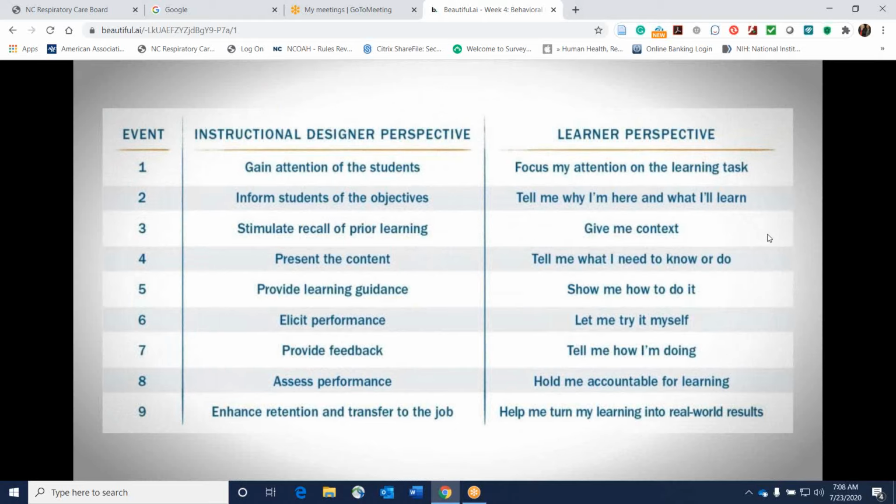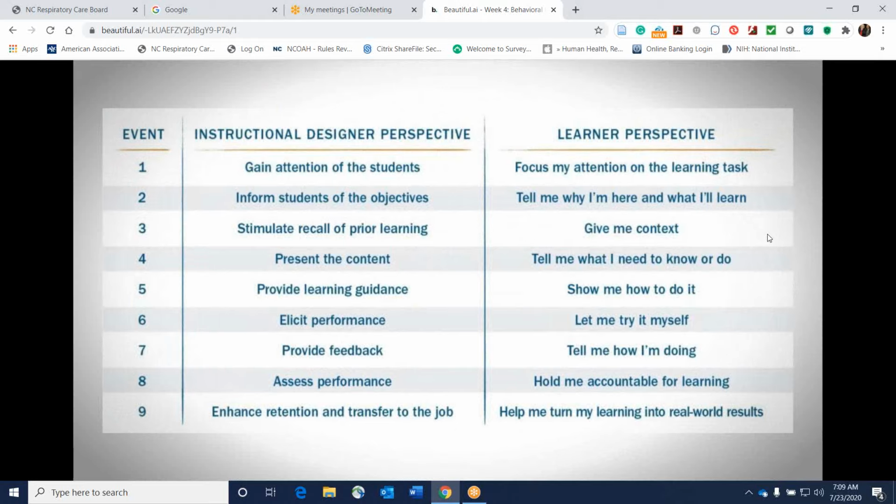Okay, so here is from an instructional design perspective versus a learner perspective, sort of going back to the different levels of Bloom's taxonomy. So in an event, classroom discussion maybe, when you do a lecture, you're gaining the attention of the student, correct?